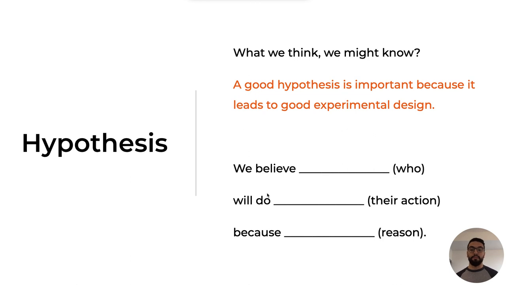So an example would be, we believe business travelers will sign up for our loyalty program because they care about travel points so that they can use them for their own travel. That could be one hypothesis, and we then need to do user research to be able to validate some of those hypotheses, right?